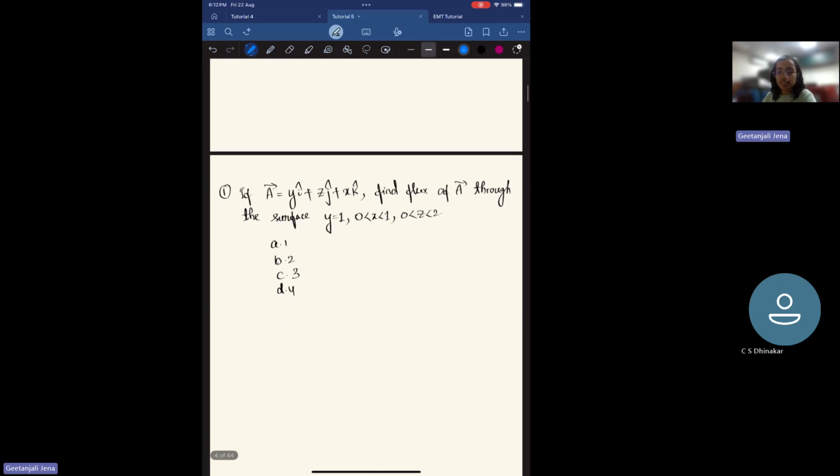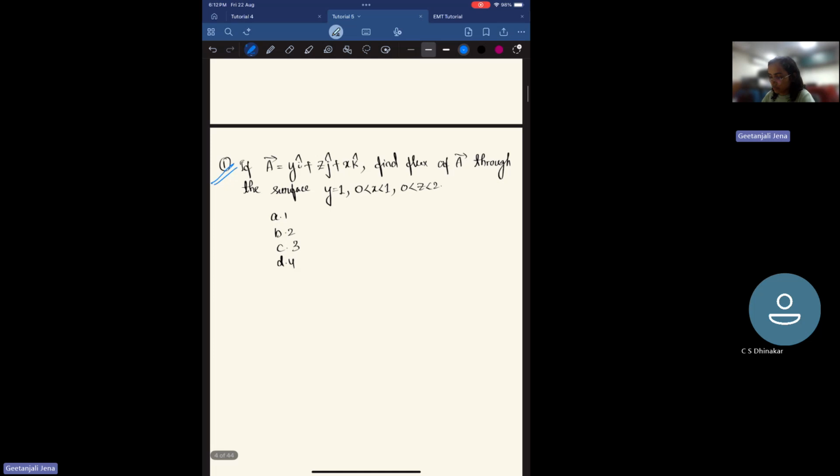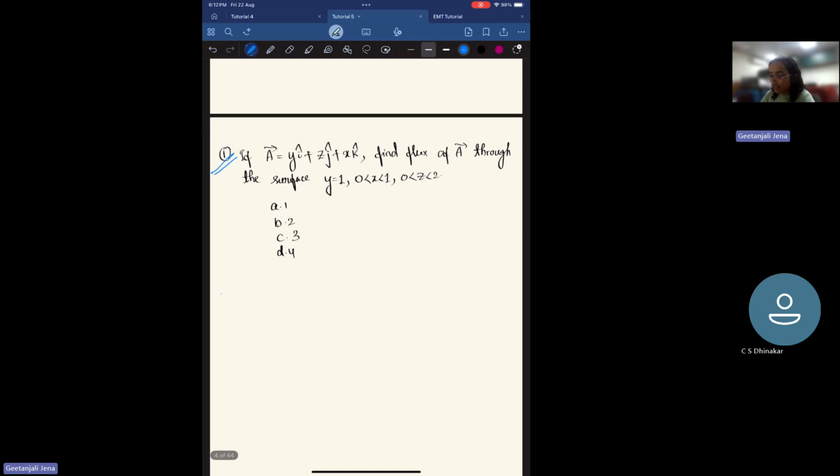So the first question is an easier one. You just need to find out the flux through a surface. So I would suggest you calculate the flux and let me know the answer. The question is, there is a field A equal to y I cap plus z j cap plus x k cap.